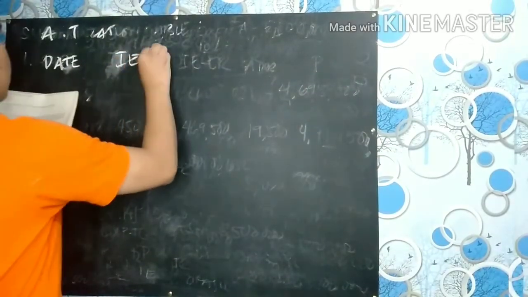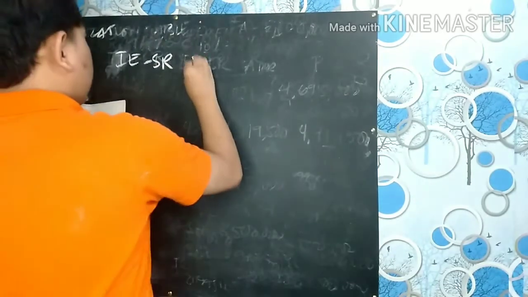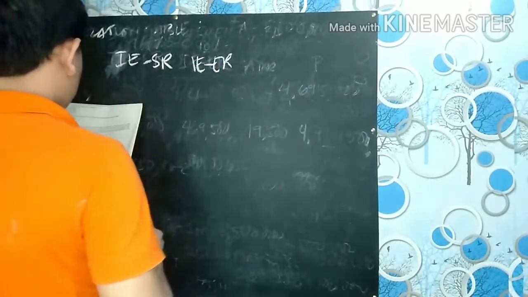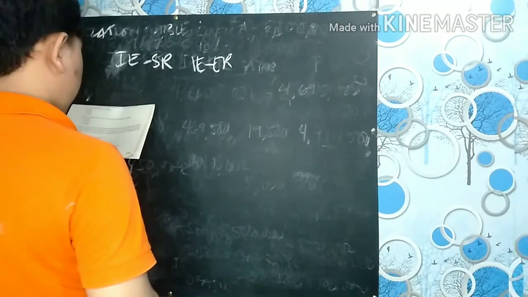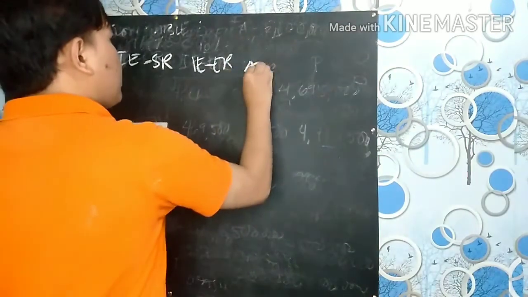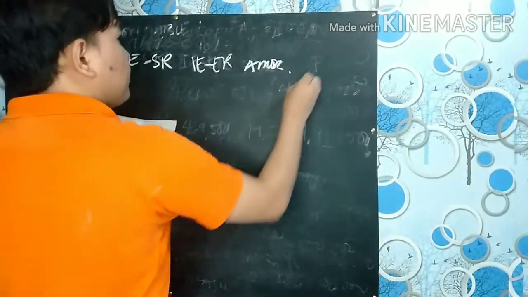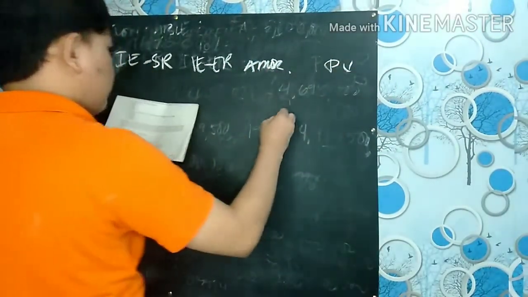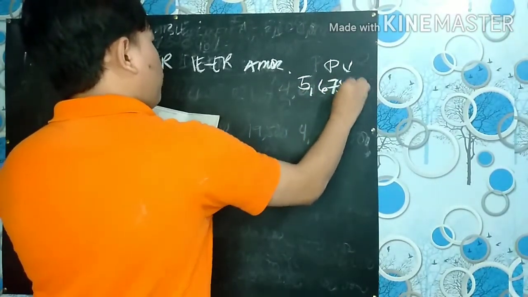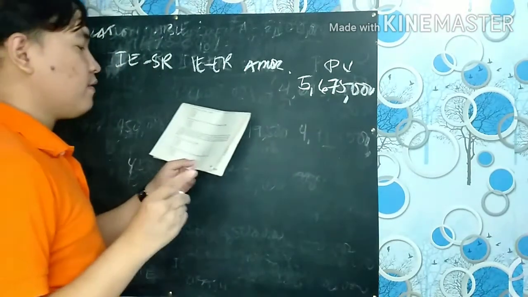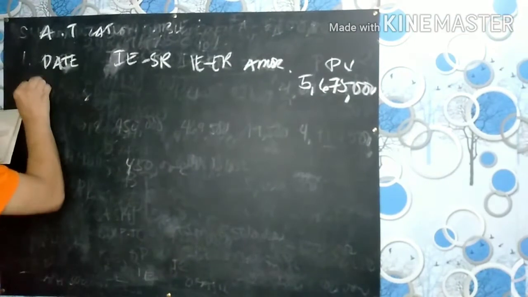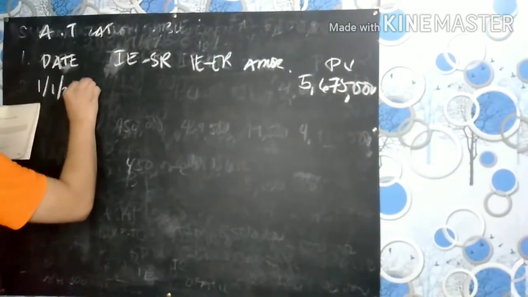Interest expense, stated rate. Interest expense, effective rate. Amortization expense. Then, present value. Yung present value po natin is 5,675,000. I hope alam niyo kung bakit naging ganyan. 5,775 minus 100,000 na bond issue cost. So, yan po yung present value noong January 1, 2018.